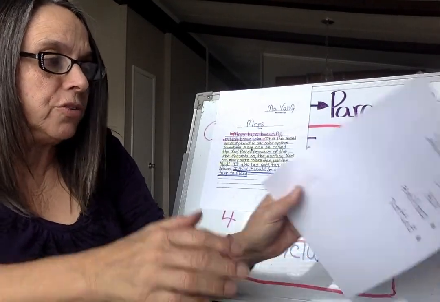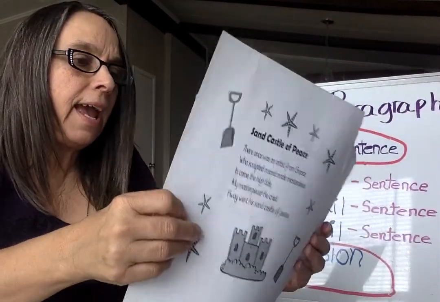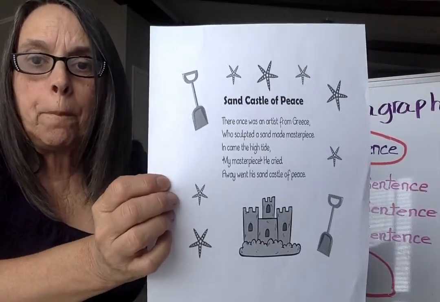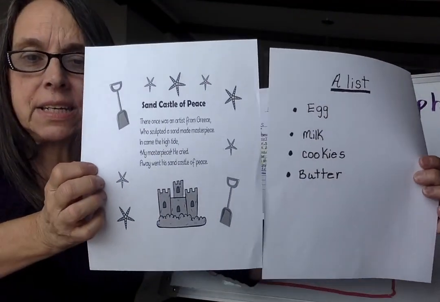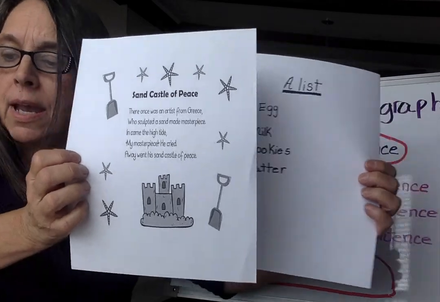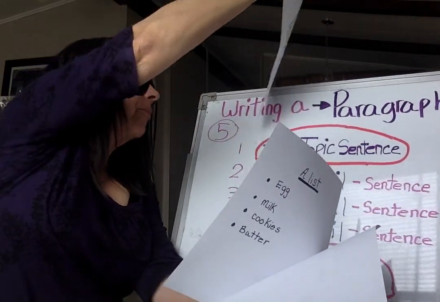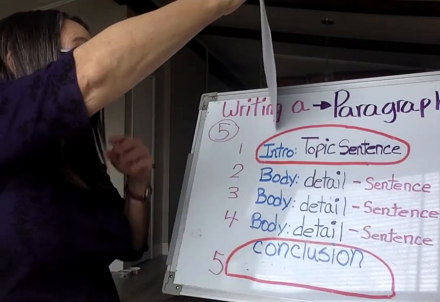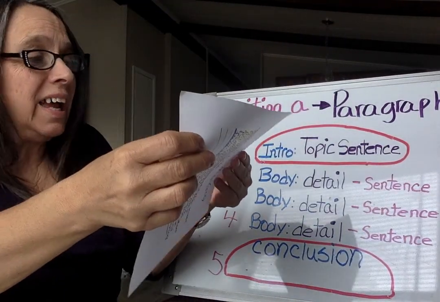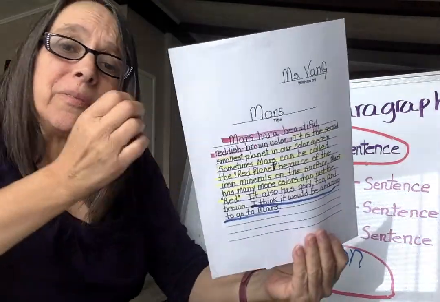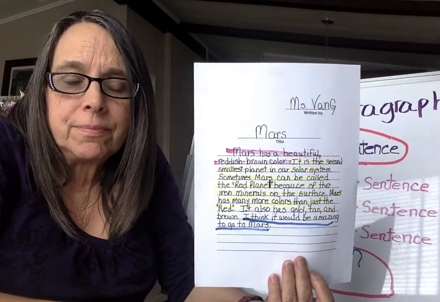Here, I want to show you these 3 things here. This is a poem. This is a list. Okay? Because I want you to see the difference between a paragraph, a list, and a sentence. Here's a paragraph.